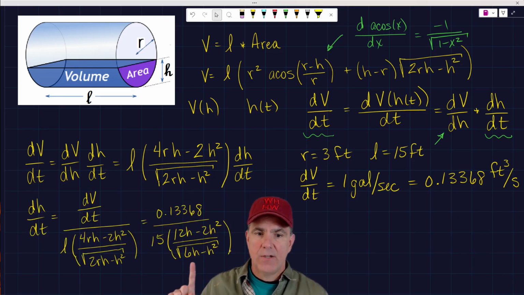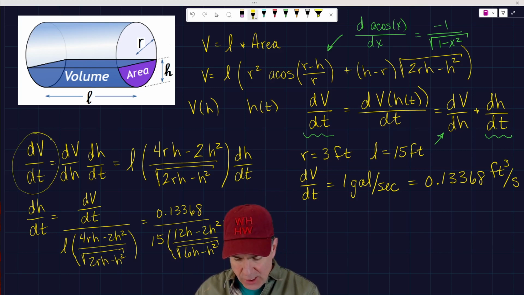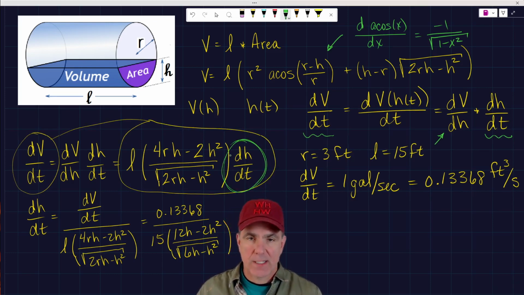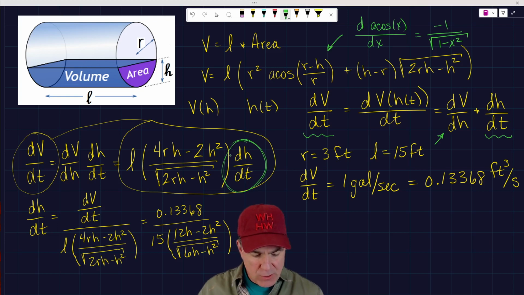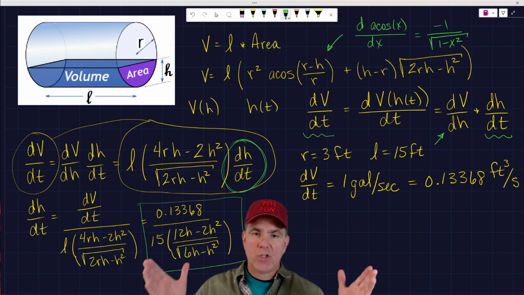So what I did, you can see here, is I just took and solved our expression here. Rate of change of V is equal to this here. I solved for our item of interest, which is the rate of change of height with respect to time. I also substituted in the numbers that we put in, and I end up with this expression right here for the rate of change of height with respect to time. This is a function of height, which makes sense to us.